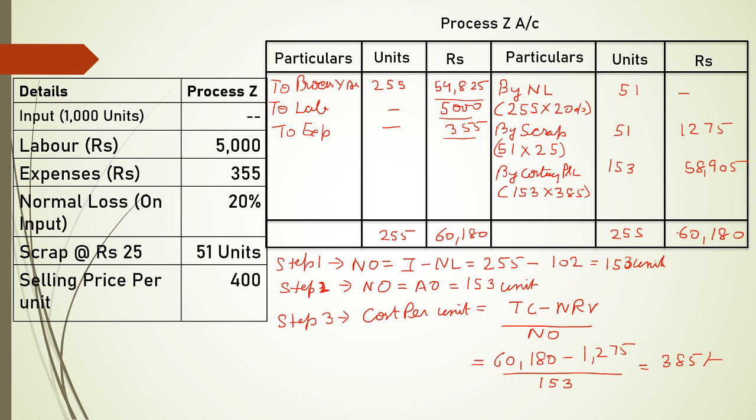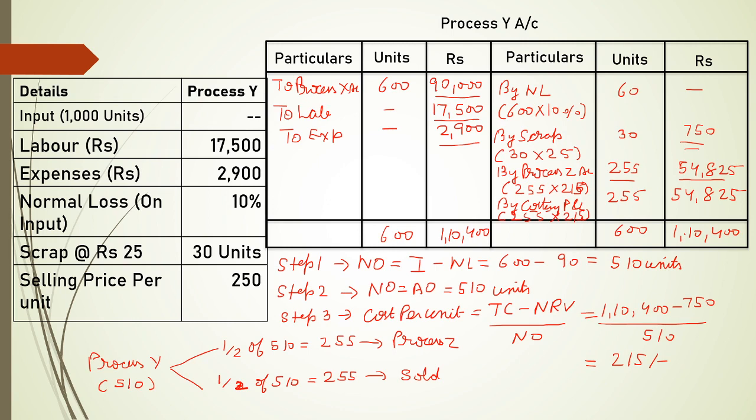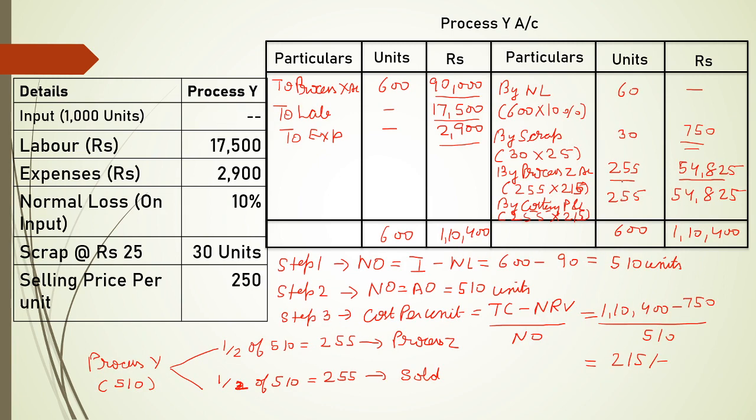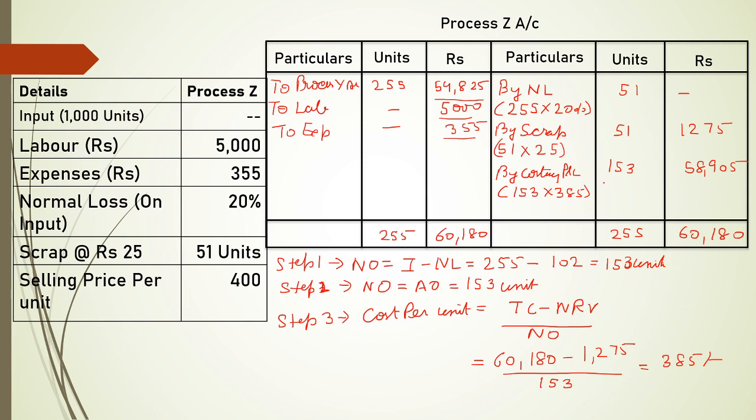Now we prepare the costing P&L account to find out the net profit of the company. So first we have to see how many outputs are sold out after each process. So in process X account, 300 units are sold out costing 45,000. In process Y, 255 units are sold out costing 54,825, and in process Z, 153 units are sold out costing rupees 58,905.